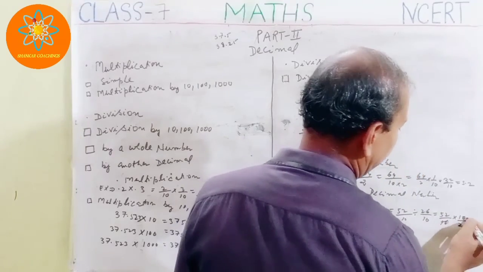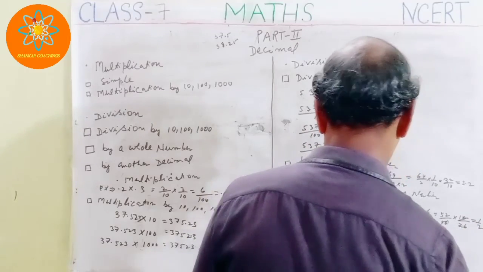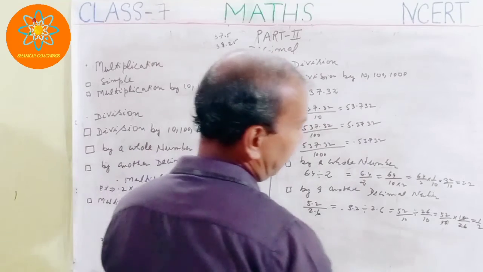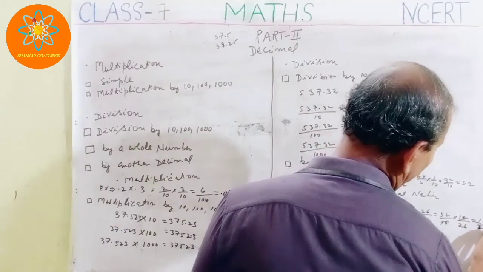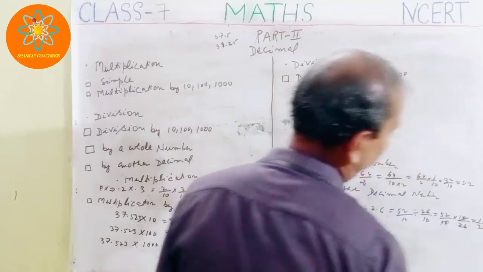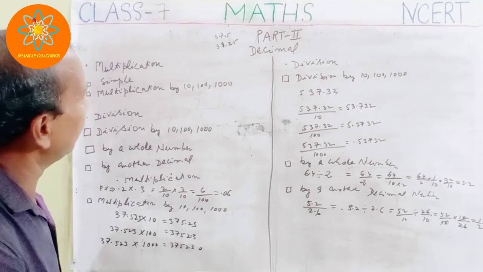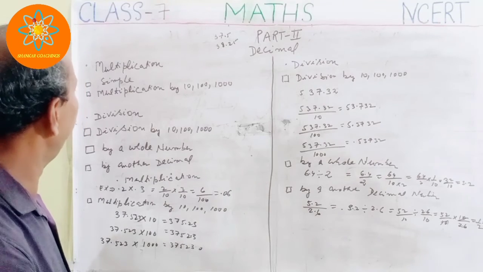So 10 and 10 cancel out. We will get 1 by 2. And in decimal notation, this 1 by 2 is equal to 0.5. So this is the case of the division.